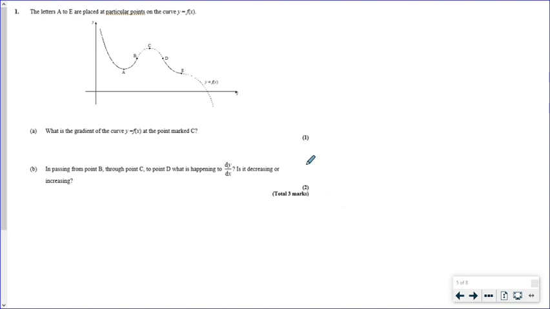So this next one, everyone has something like this. All right. So here, all they're trying to get you to recognize is what's happening to your derivative on this graph. So this is not the derivative, this is the original function f of x. So we're saying, based upon what we have here, can we say what happens to the derivative? That's the gradient of the curve, the derivative.